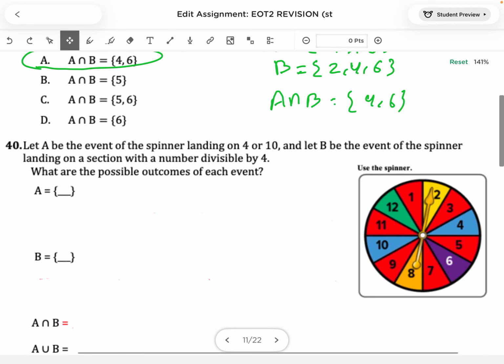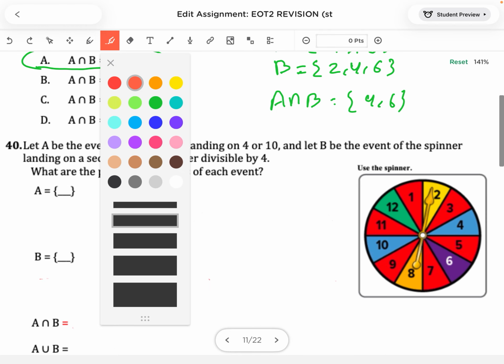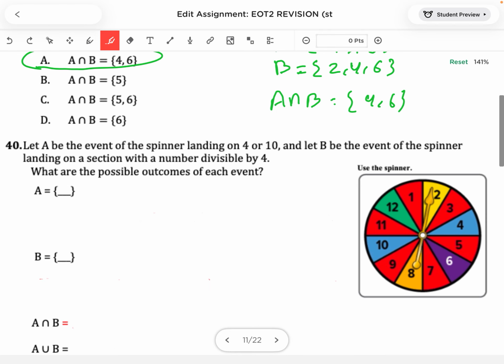Next question, maybe the same story. They need a spinner at 4 or 10. So A will be 4 and 10. B, number divisible by 4. So what are the numbers that are divisible by 4? It is 4, 8, and 12.